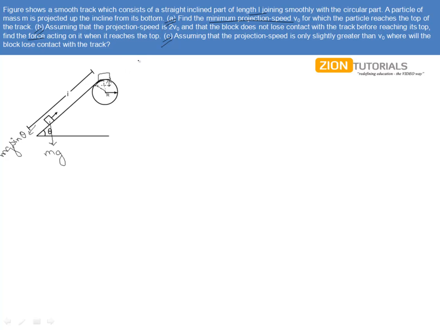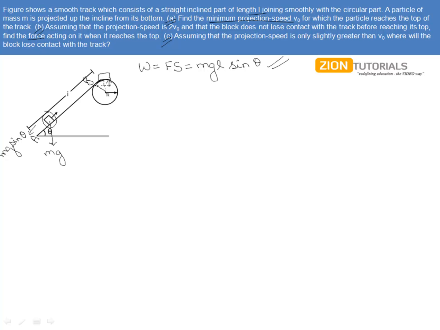Now, proceeding with the question, we know that the force acting on this block is mg sine theta in the opposite direction. So work done by that force will be force into displacement in its direction, that is mgL sine theta, right? Now this is the work done from point A to B, which is along the wedge.